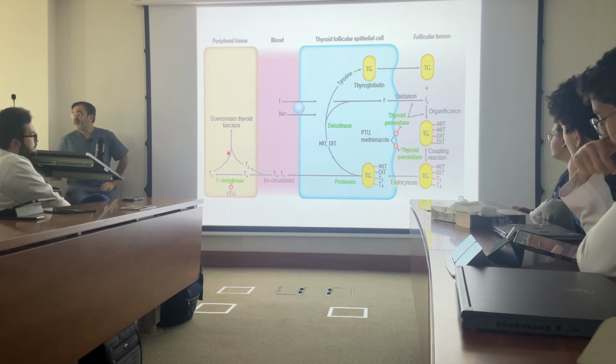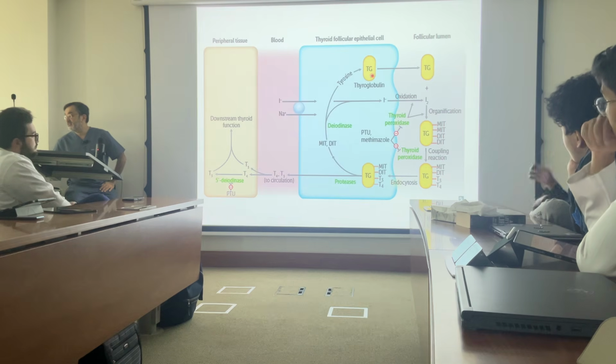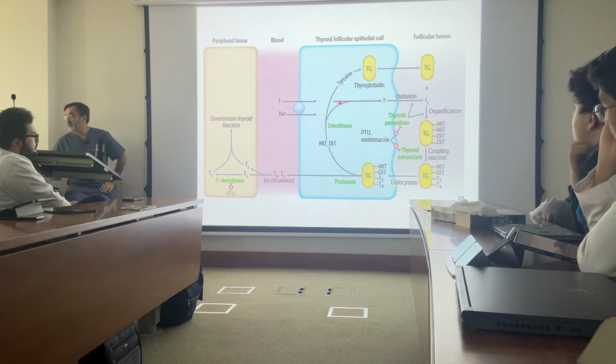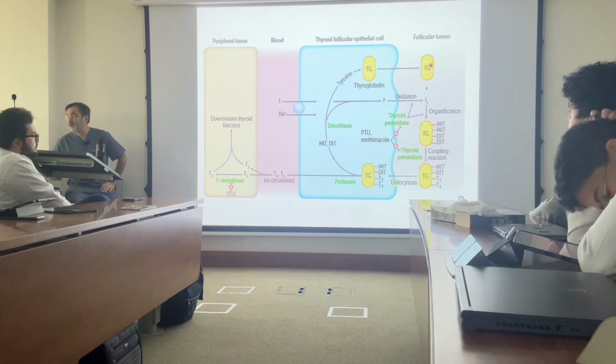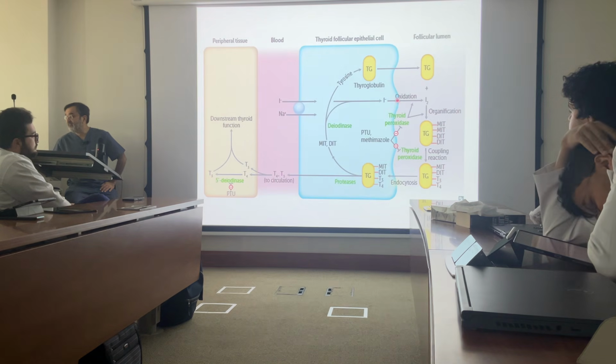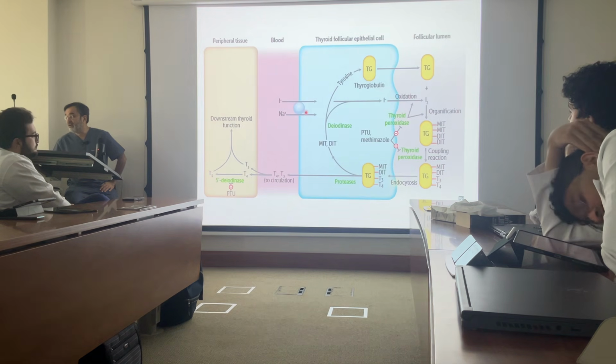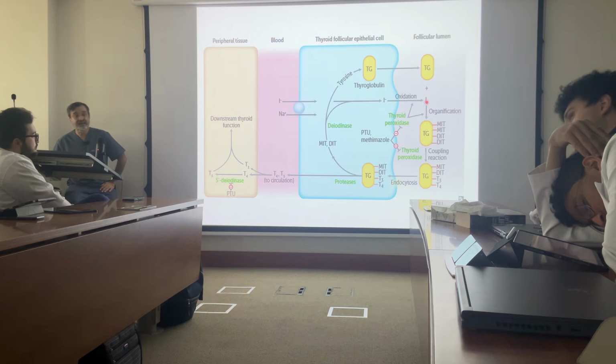So these are the steps of the formation again. You have the thyroglobulin produced, which is going into the follicular lumen. The iodide which you are taking in needs to be oxidized to iodine. Then you do the organification of the thyroglobulin, that means formation of MIT, DIT.